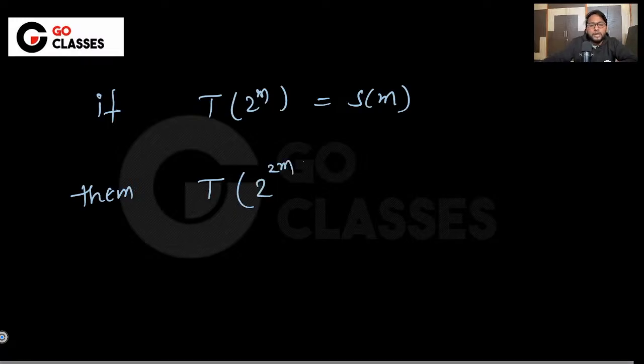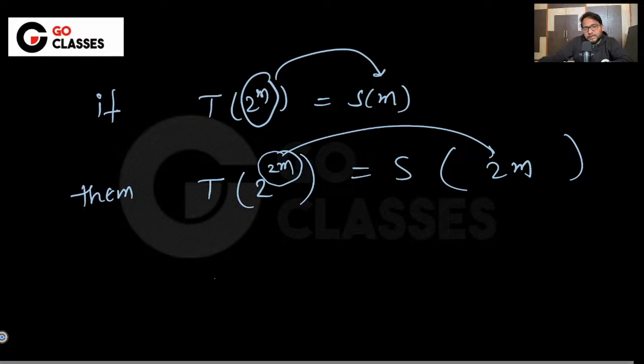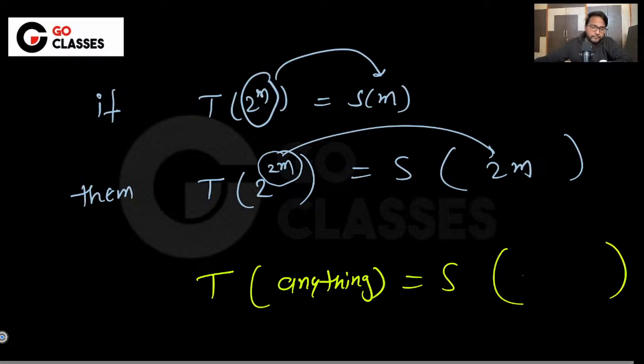Then you just take the log of this and you put it here. S equal to log of this. What is log base 2 of this? It is 2m. So if I ask you T of anything, then it is S of log of that anything.